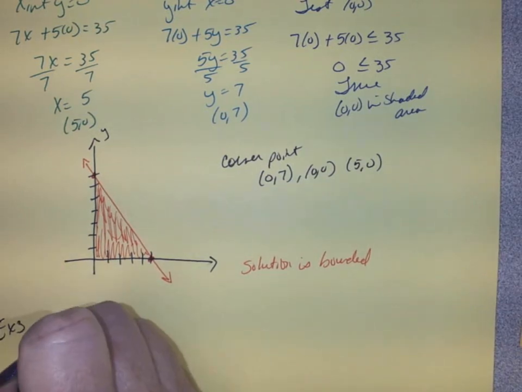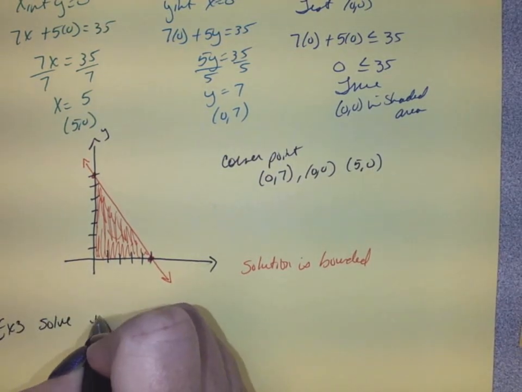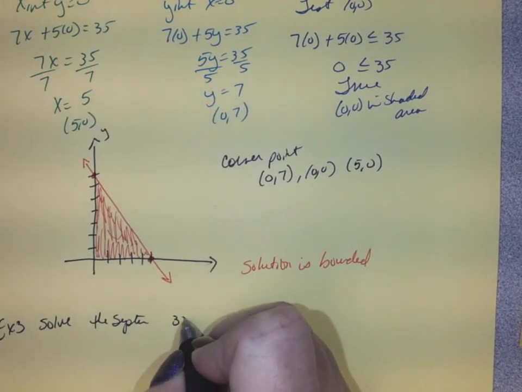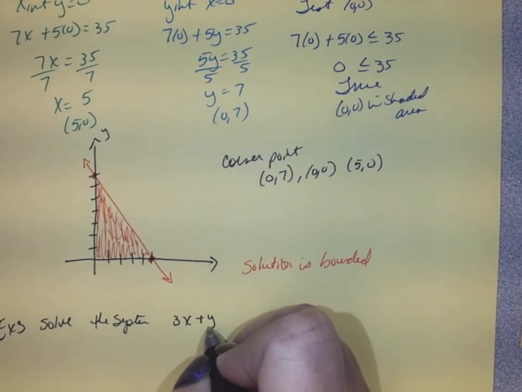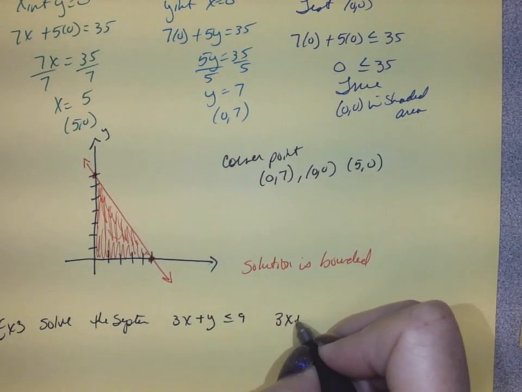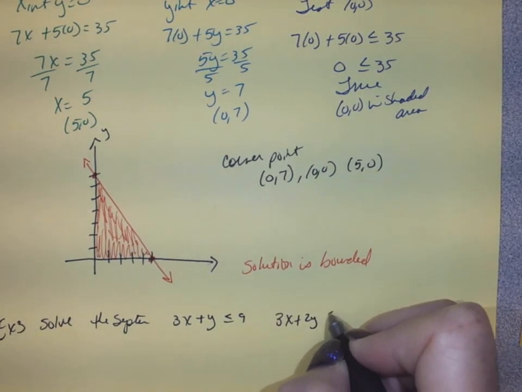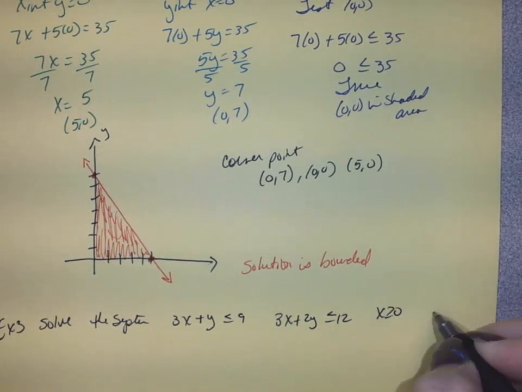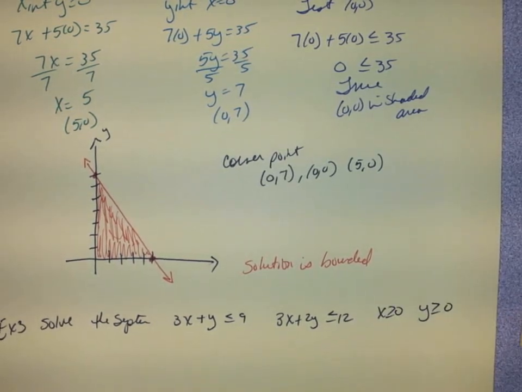All right, so we're going to solve the system. And we have 3x plus y less than or equal to 9. 3x plus 2y less than or equal to 12. x is greater than or equal to 0, and y is greater than or equal to 0.